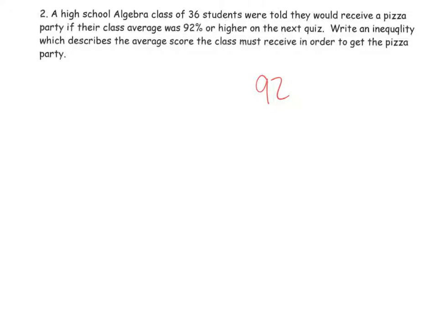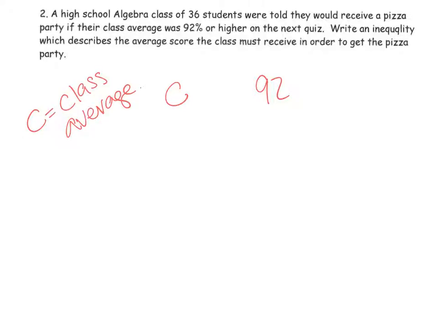Okay. Now let's pick a variable for this one. Jackie? C. And what does C represent? Class. Class what? Average. Class average. Okay. So I have my C and I have my 92. Can C be less than 92? Can we get an 80% class average and still get a pizza party?